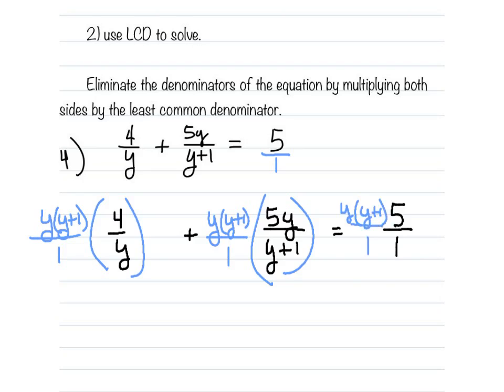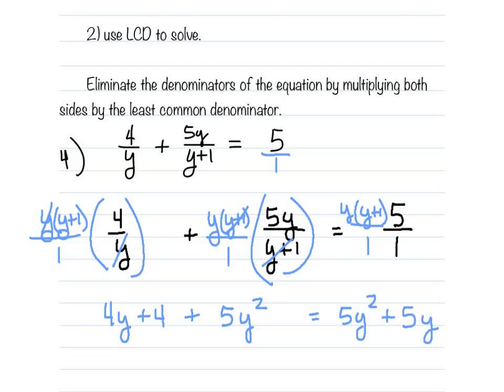When I multiply, I'm going to eliminate the denominators. So here I have 4y plus 4. The y's eliminate here, and here I have 5y squared. And here I have to multiply 5y times y plus 1. So I have 5y squared plus 5y.